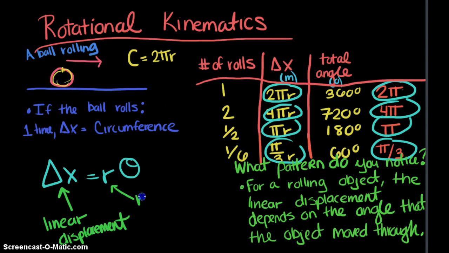R is the radius. And this theta here, the Greek symbol theta, is what's called the angular displacement. And for our angular displacement, this is in radians.